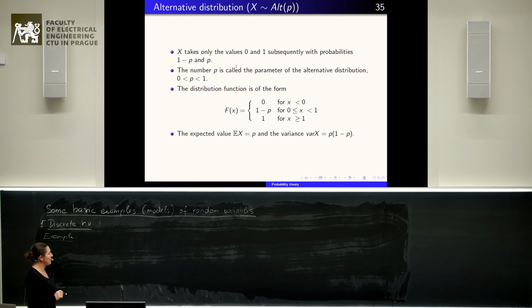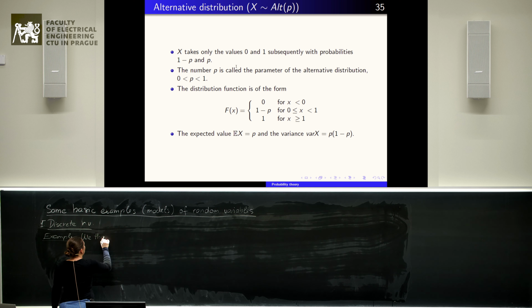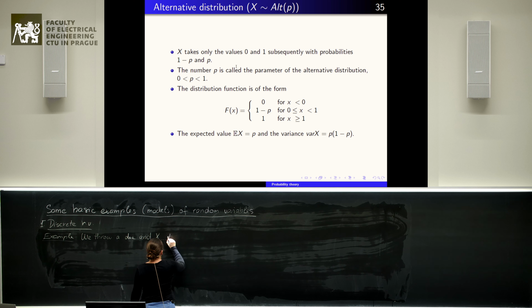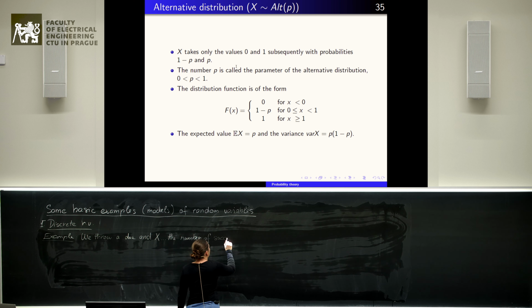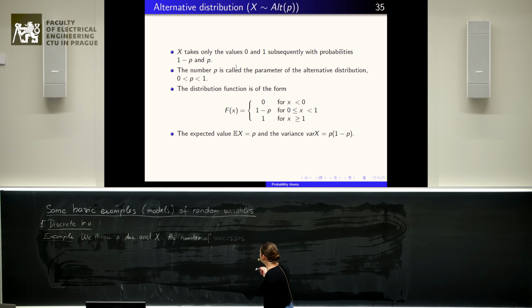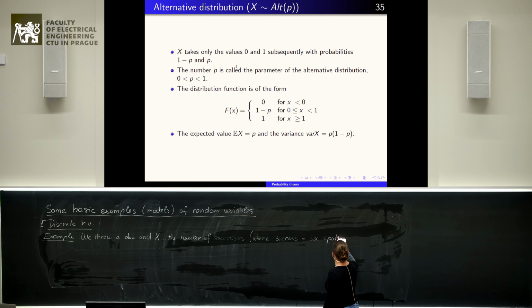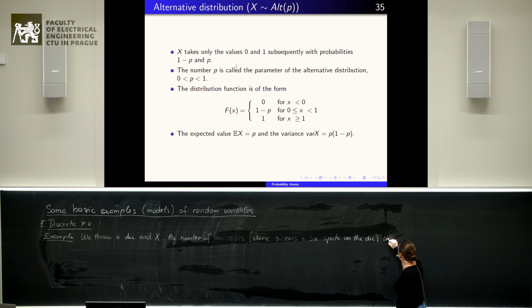Consider our favorite example that we throw a die, and X is the random variable, the random number describing the number of successes, where success means that there are 6 spots on the die in one trial.